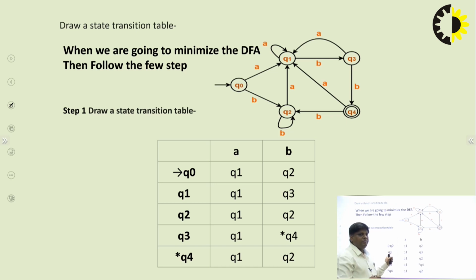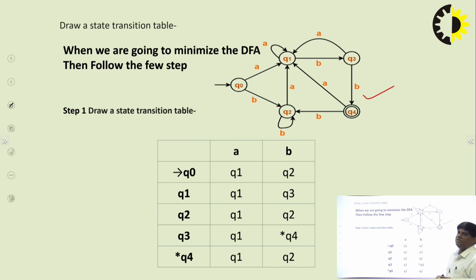So the minimum DFA is most important for implementing any kind of problem. When we minimize any DFA, we follow a few steps. Now, this is the DFA.